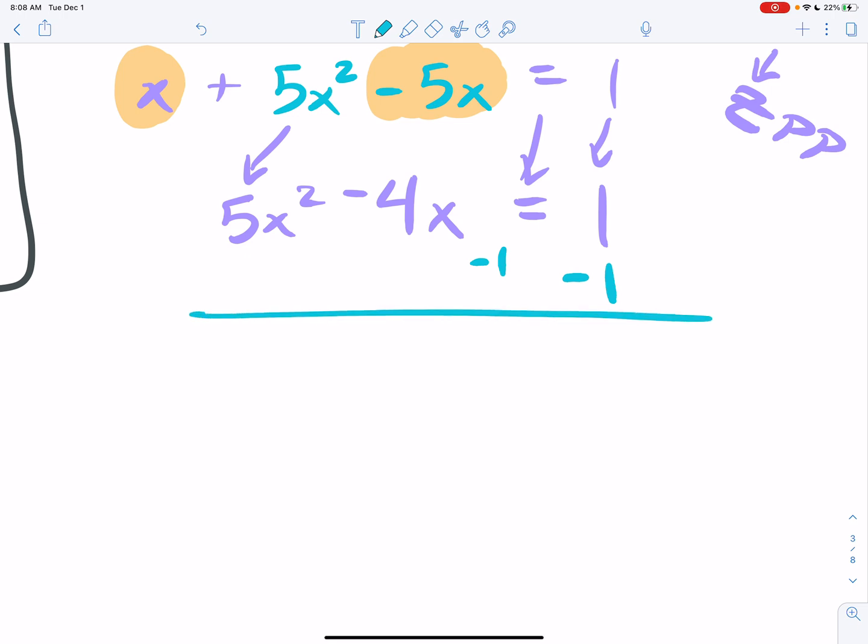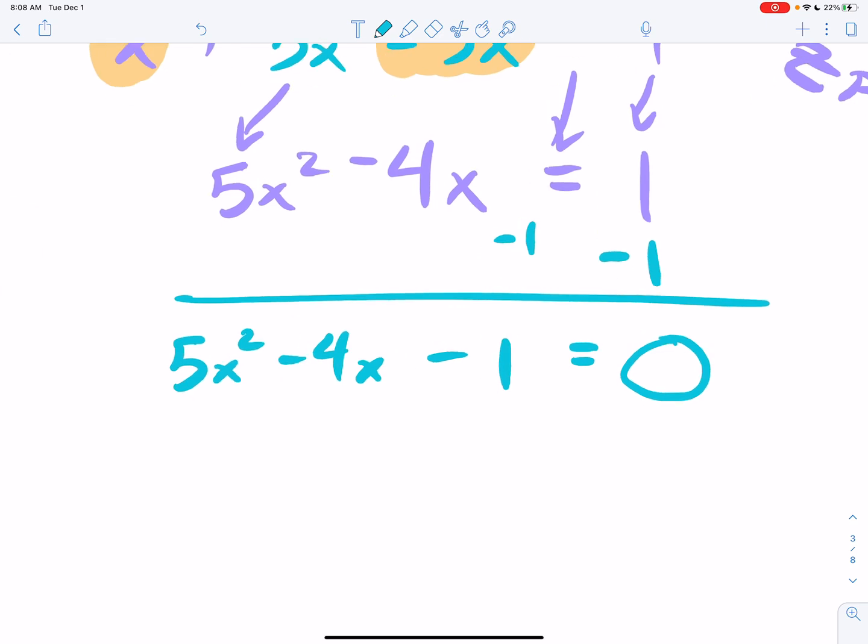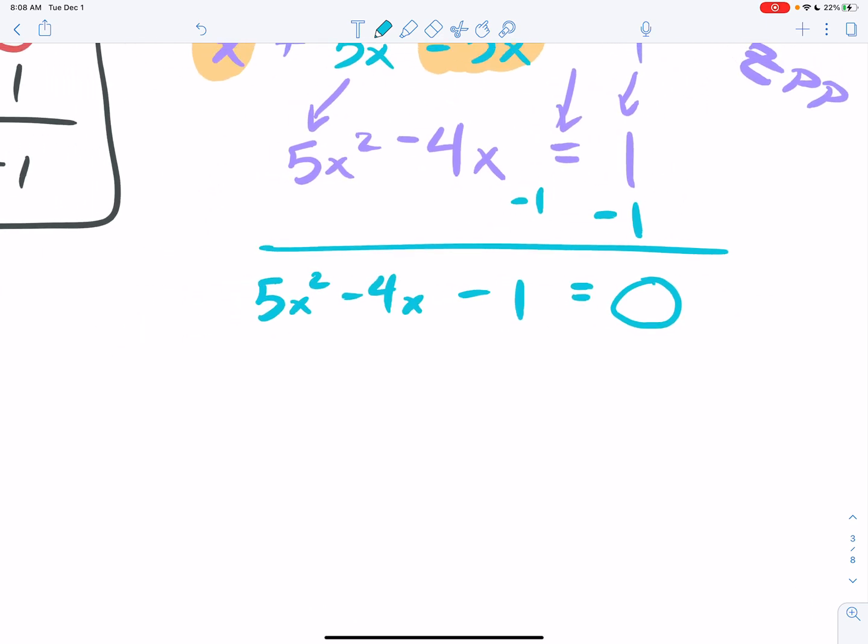Okay, so now what we have is a right side of 0. We have 5x squared minus the 4x, and then the minus the 1. Okay, so now I have the 0. Good. Now I need a product. And the only way to get a product is if I factor.